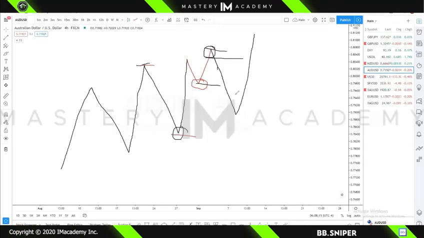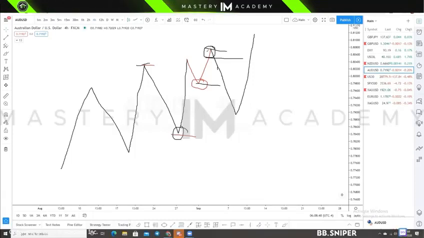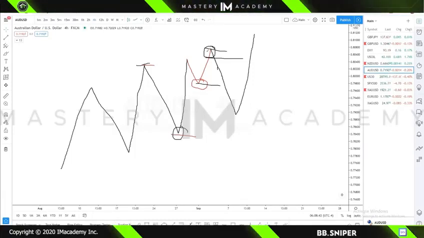Okay. Now that we understand internal liquidity: internal liquidity is going to be any old low or high point that is inside of a range. External liquidity is going to be anytime we're trading outside of a range, anytime we are capturing a high or a low trading outside of that range, or anytime there is liquidity outside of that range.